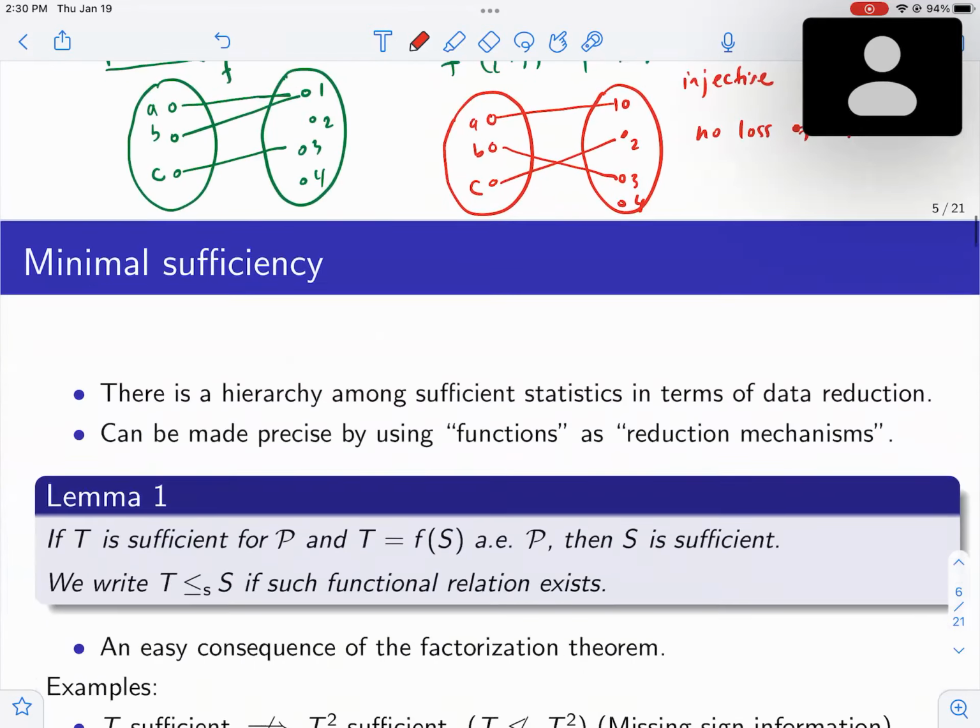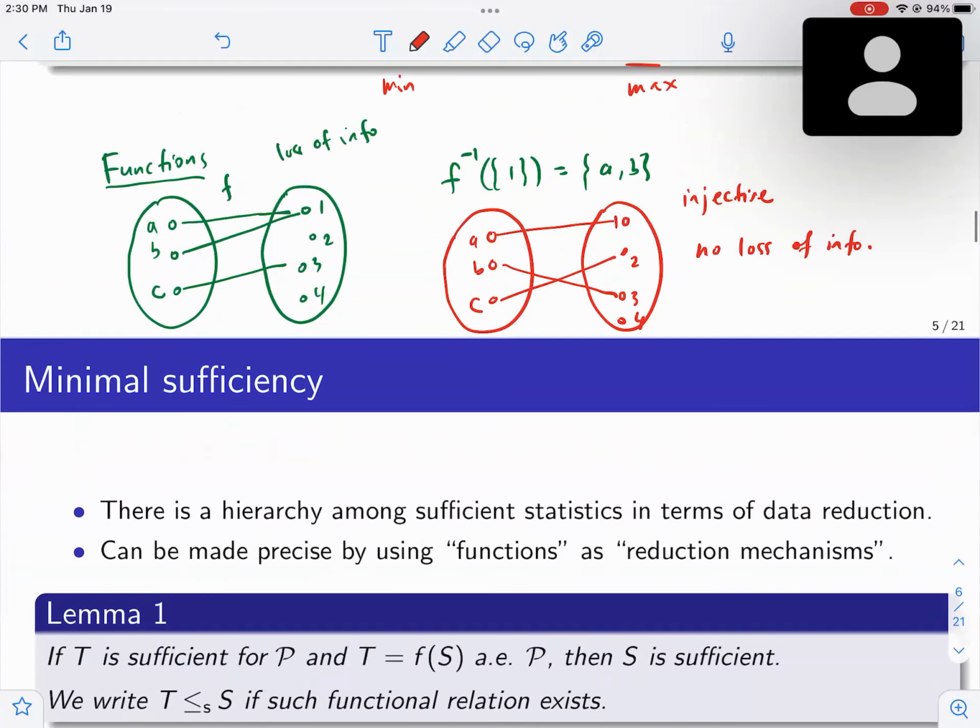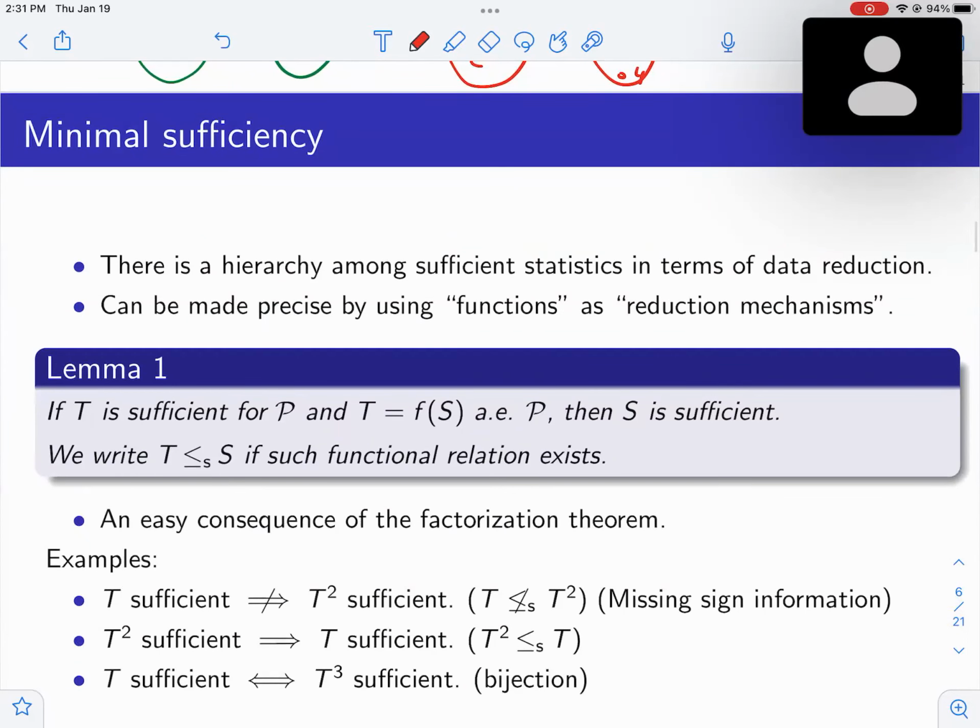So that's basically the idea. Okay, so we formalize the notion of reduction, or being smaller in terms of carrying information, by saying that one statistic is a function of the other one. And they have equivalent information if there's a bijection between the two. So here's a formal definition.